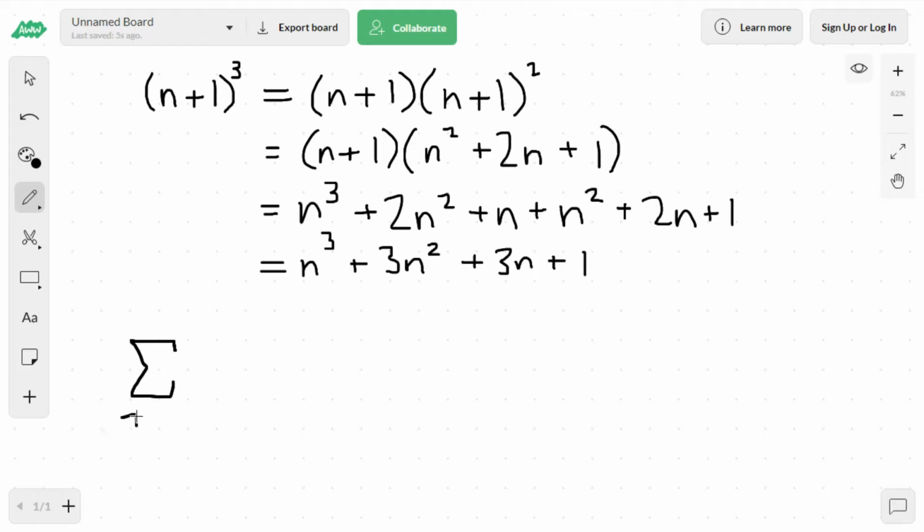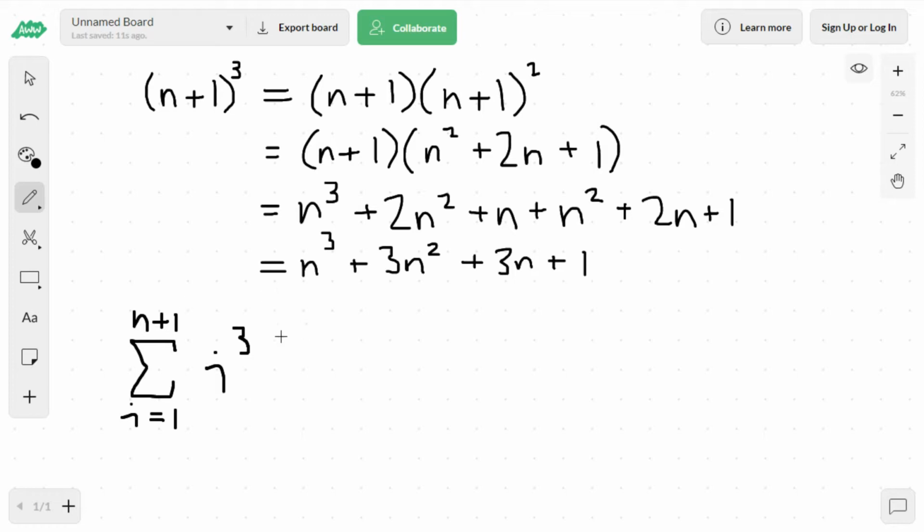Okay, so we're going to do something like this as i goes from 1 to n plus 1. We want to know what this is going to be. We want to know the sum of all these things. Cool. So how are we going to do that?